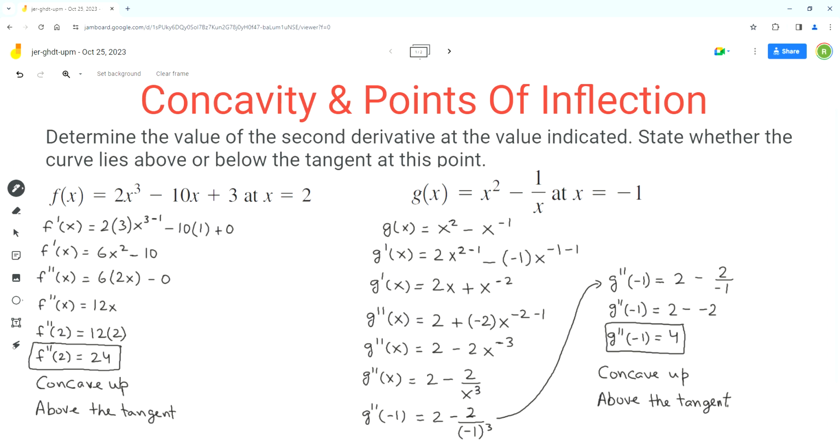If the second derivative value is negative, that means the curve concaves down, in that case the curve will be below the tangent.